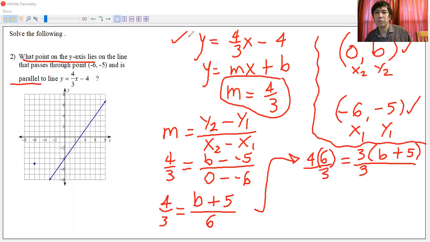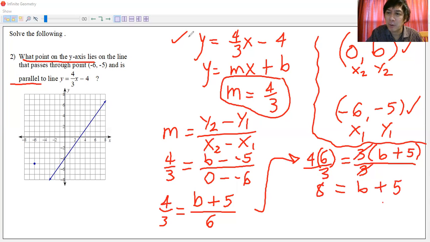Okay. That becomes 24/3. That should be 8. Now the right side simply cancels out the 3. Right side is b plus 5. And so after subtracting 5 from both sides, we have the answer equal to 3.